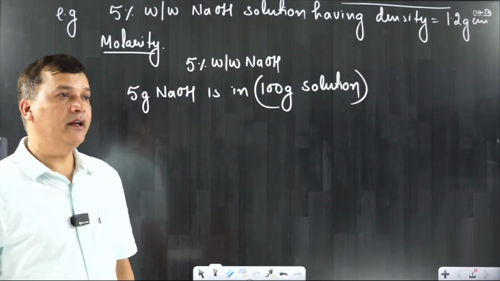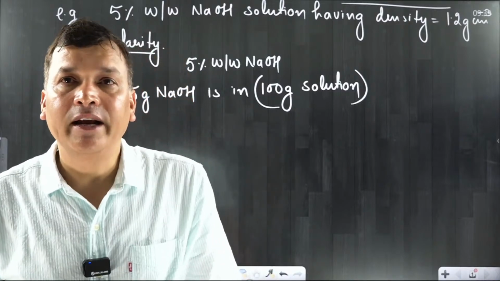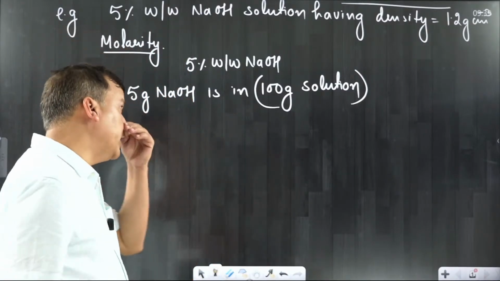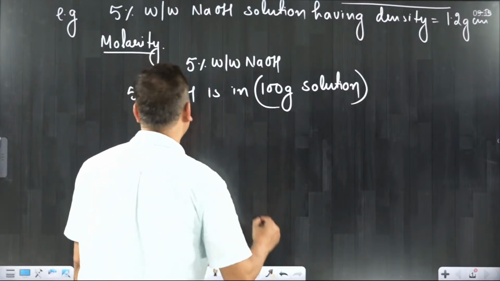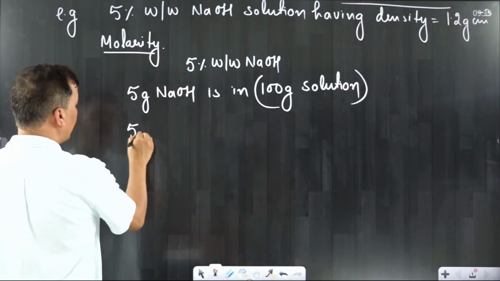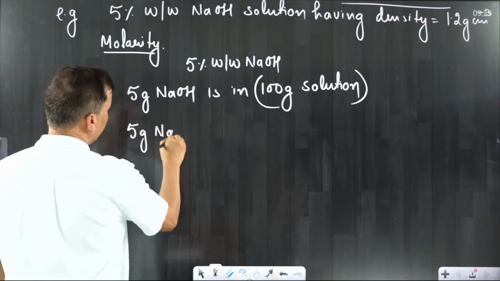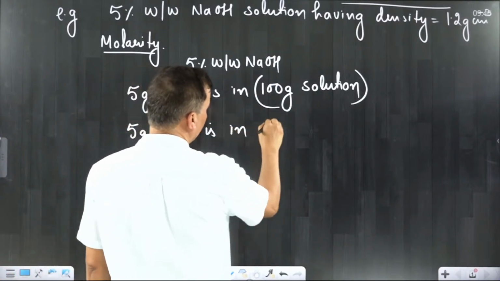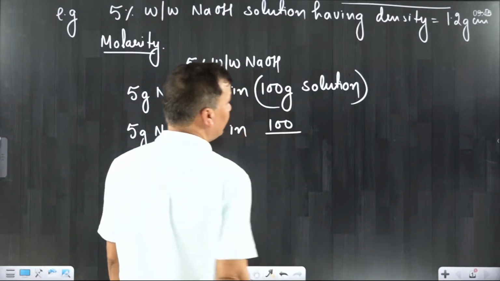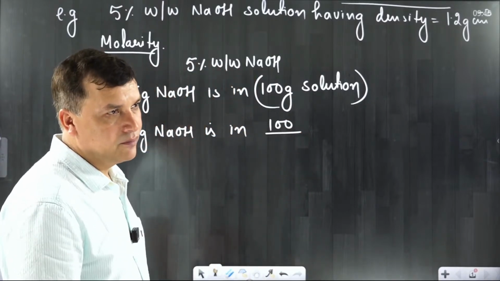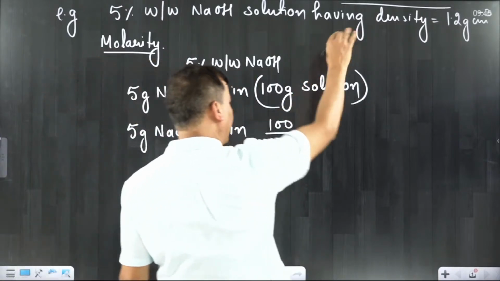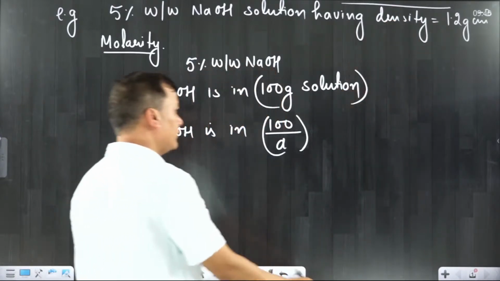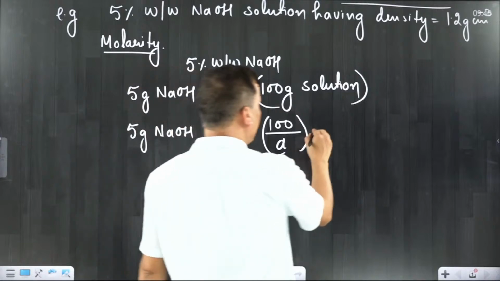But ultimately, for molarity, do we need mass or volume? We need volume. So how will we calculate the volume? Here 5 gram of NaOH is present in 100 upon density, whatever density D is given in the question, ml of the solution.